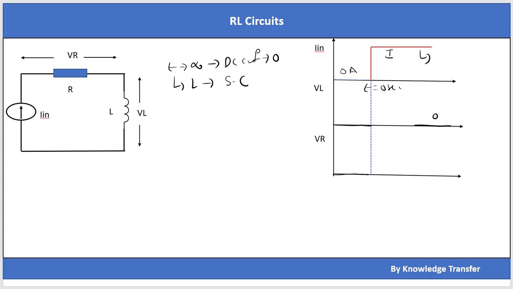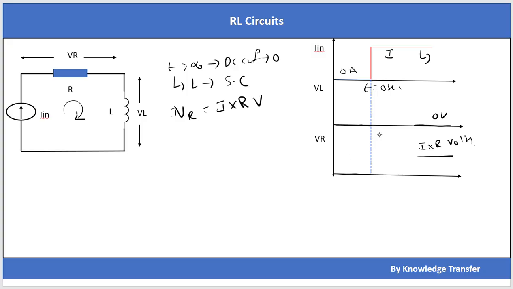So VL will be 0 volt and VR will be, so here the current I is flowing. This is a step current, so I is always flowing through the circuit. So VR is equal to the current flowing through the resistor times the resistance, I into R. So VR will be I into R volts.